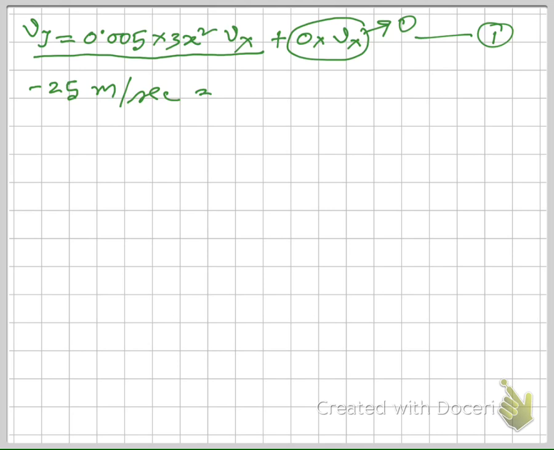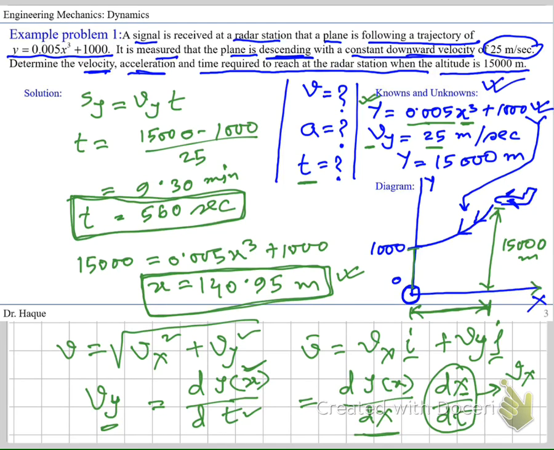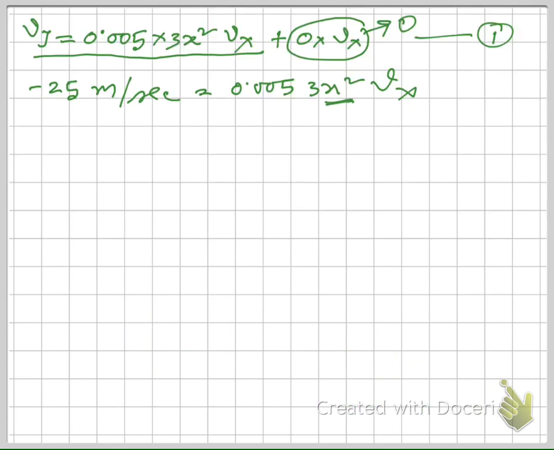And we have on this side 0.0053 x squared vx. Now if we can plug the value of x that we just figured out in the previous slide, which is 140.95 here, then we can get the value of vx.